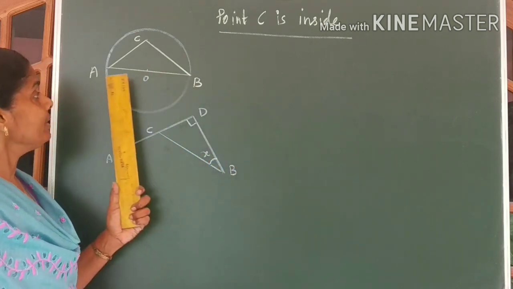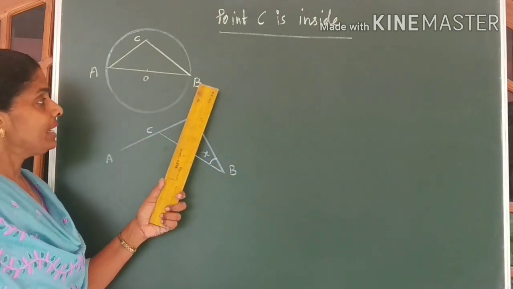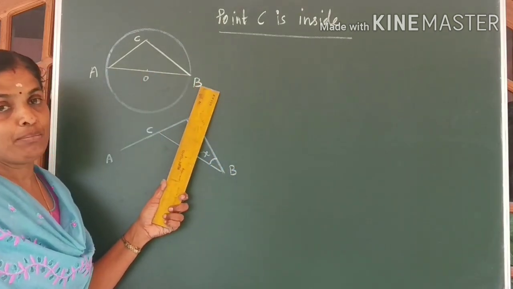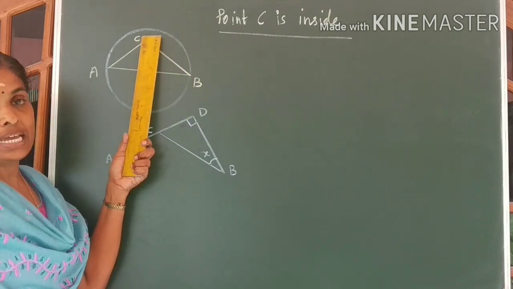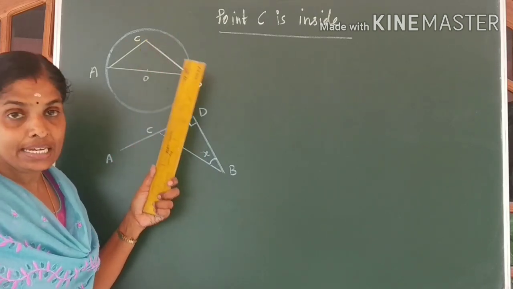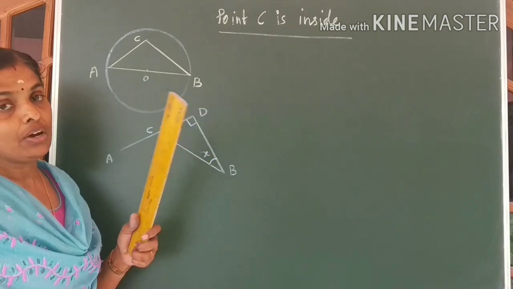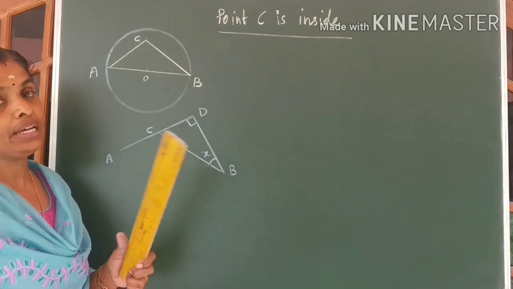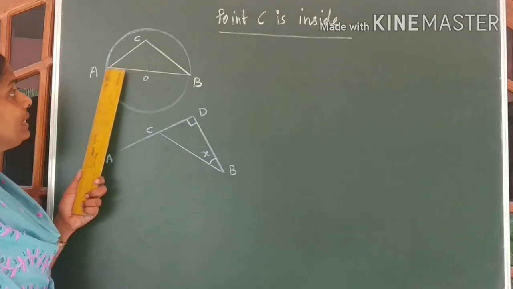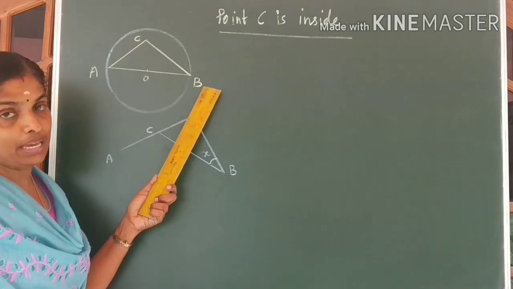Look at the second idea. I have drawn a circle. AB is the diameter. C is taken to be a point inside the circle. We are going to find out the measure of angle ACB.